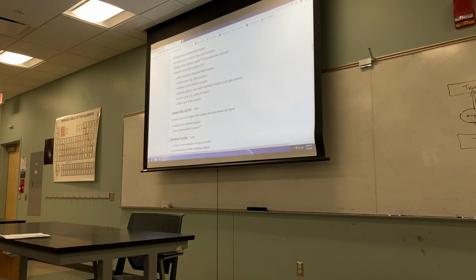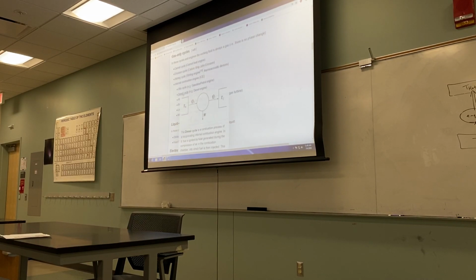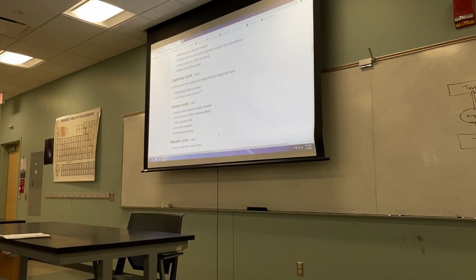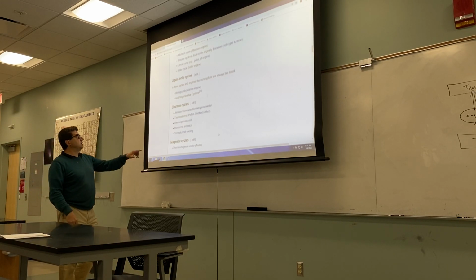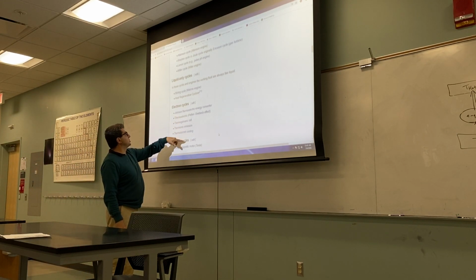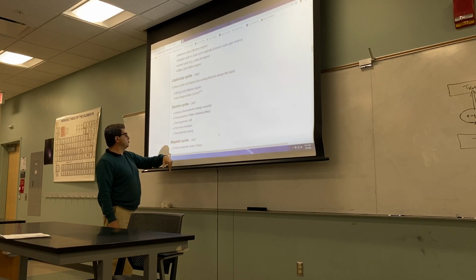Then you've got liquid-only cycles. In these cycles and engines, the working fluid is always liquid. Stirling cycle. But it appears that Stirling showed up twice: Stirling engine, and then there's another one, the Stirling Malone engine. And then you've got electron cycles, which means more electrical cycles: Johnson thermoelectric energy converter, thermogalvanic cell, thermionic emission, thermotunnel cooling.